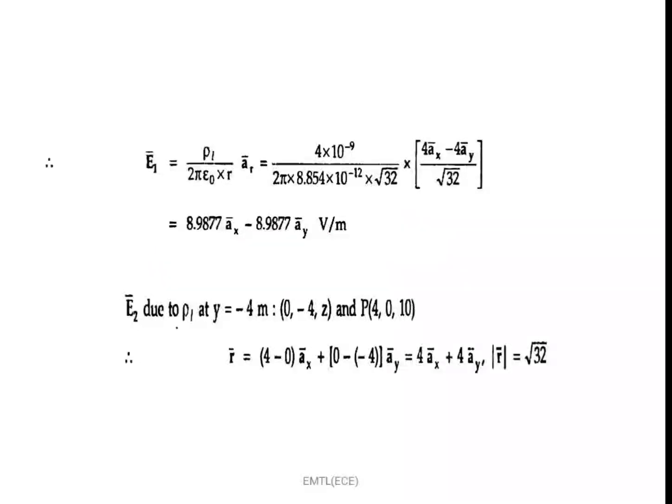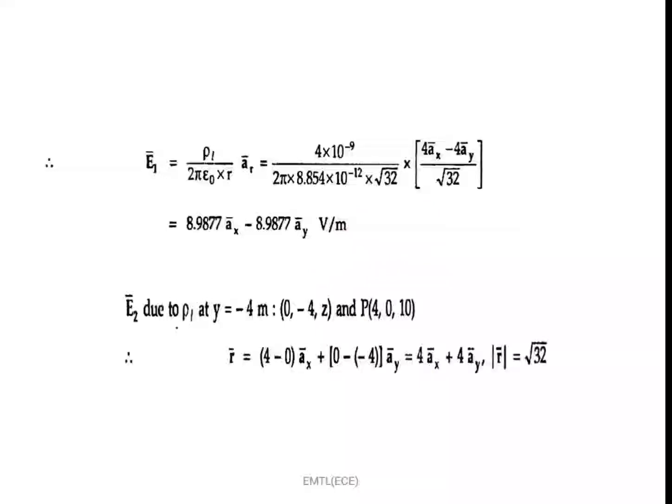Here the electric field intensity due to the positive y direction, y equals plus 4 meters, is 8.9877 ax bar minus 8.9877 ay bar volt per meter.